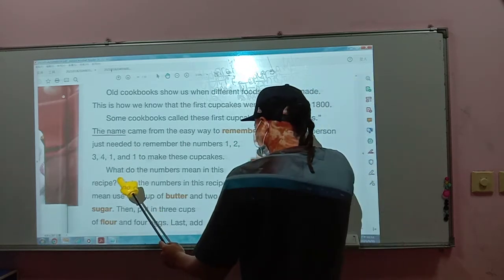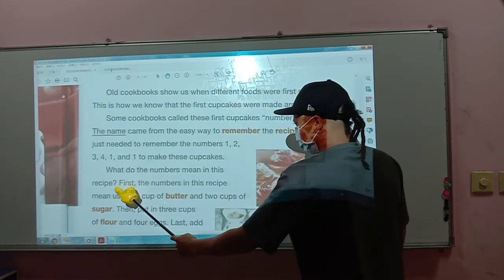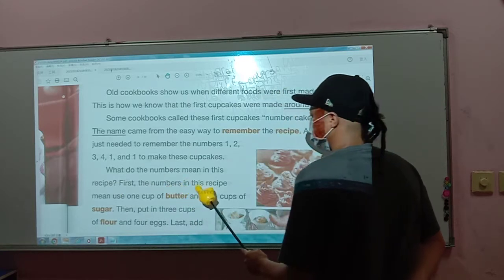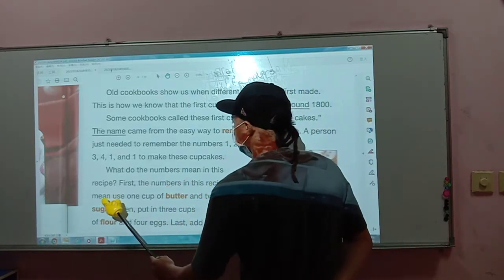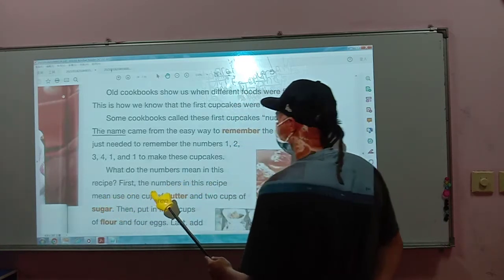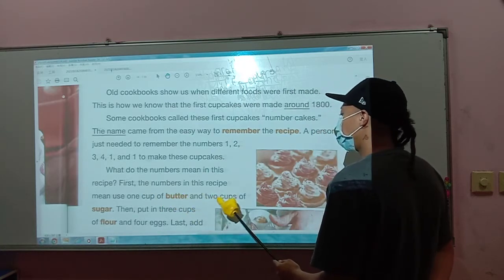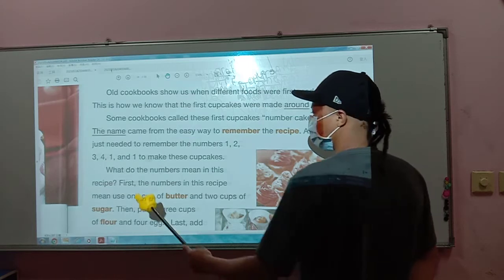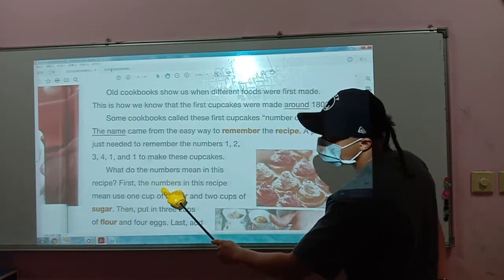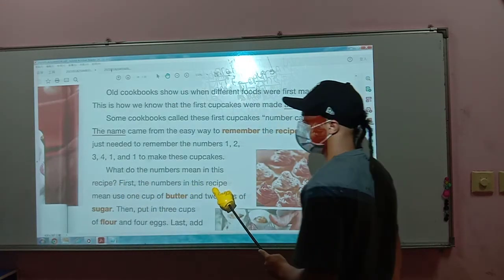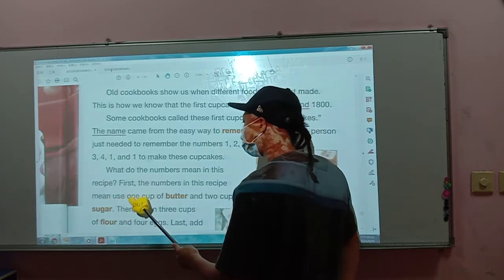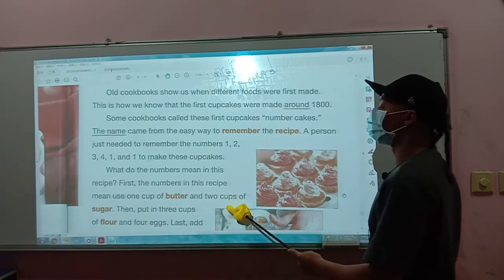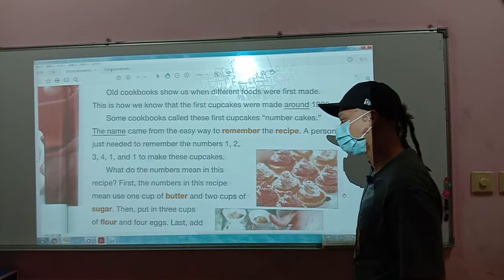First, the numbers in this recipe mean use 1 cup of butter and 2 cups of sugar. Right, let's read. First, the numbers in this recipe mean use 1 cup of butter and 2 cups of sugar.